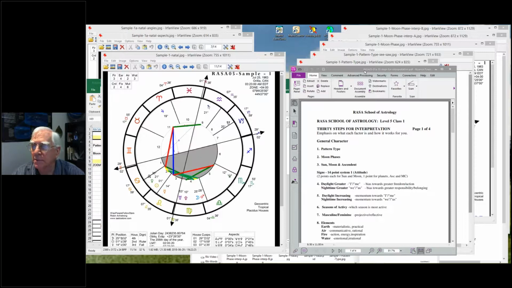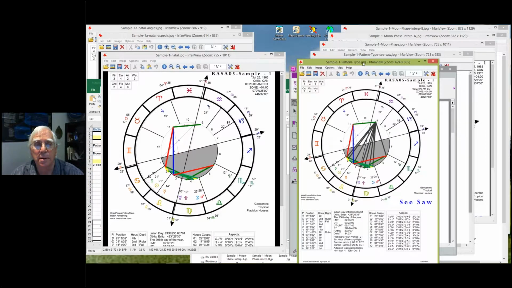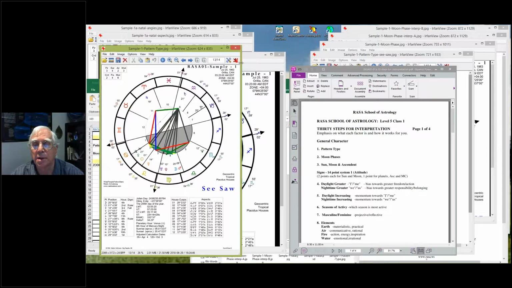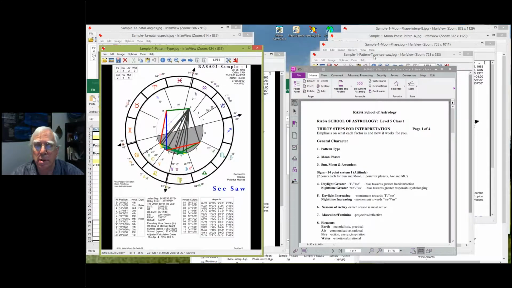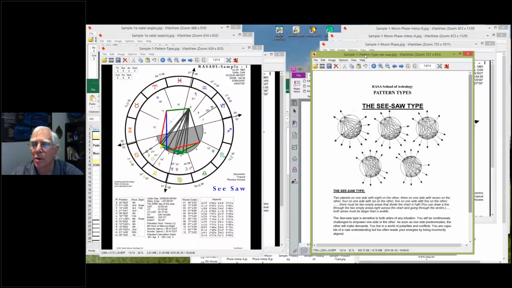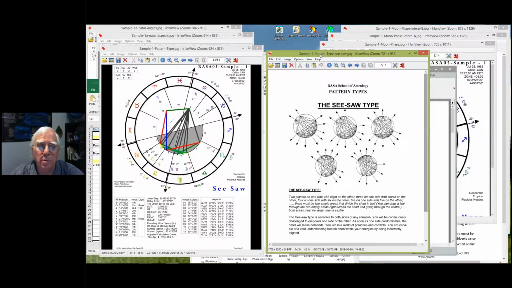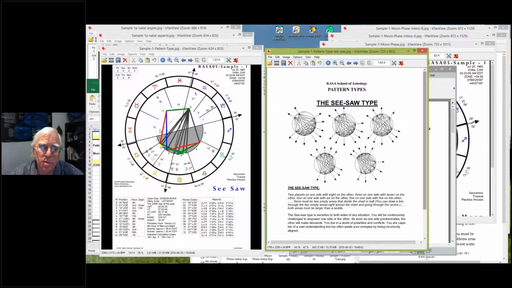Okay. So the first thing is always, we always check the pattern type first. So when we're looking at the pattern type, I drew the extra lines in so you can see the outline of the pattern.